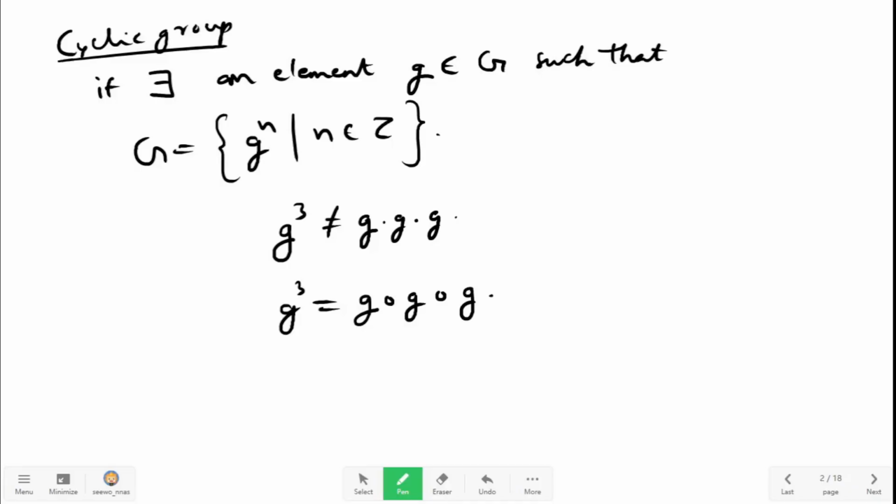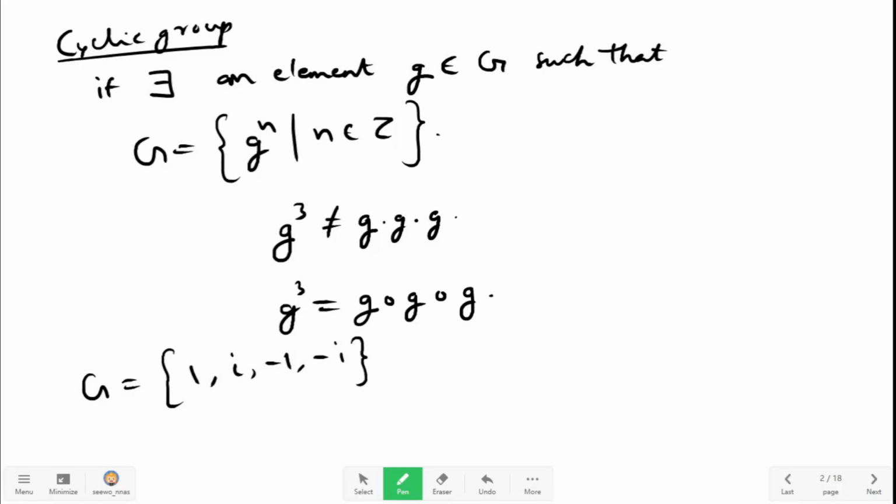So in words, a group is cyclic if there exists an element, also called a generator, that can produce all the other elements by repeated application of the group operation. An example would be G equal to 1, i, minus 1, minus i.